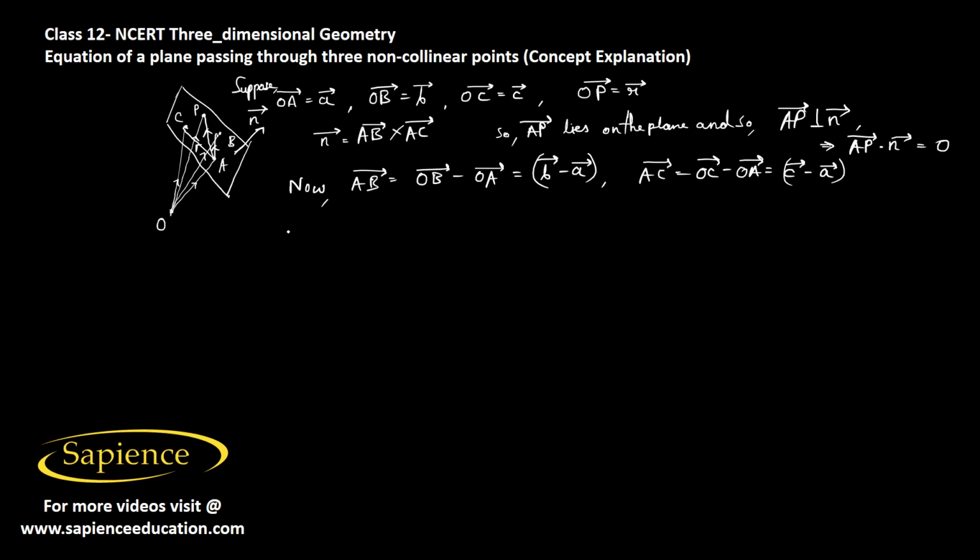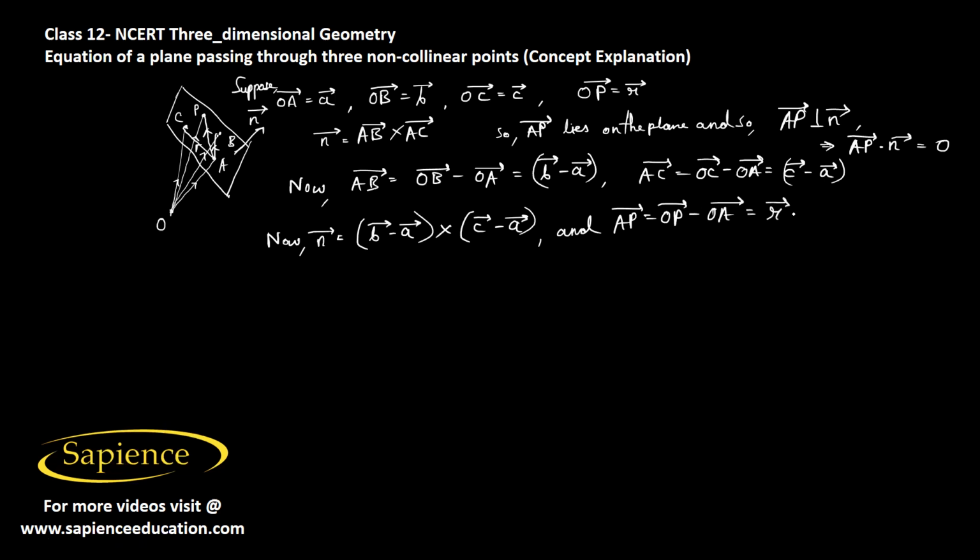Then n vector will be equal to B vector minus A vector cross C vector minus A vector. And AP vector would be equal to OP vector minus OA vector, so that would be R vector minus A vector.